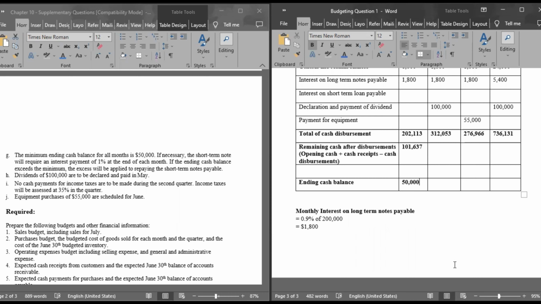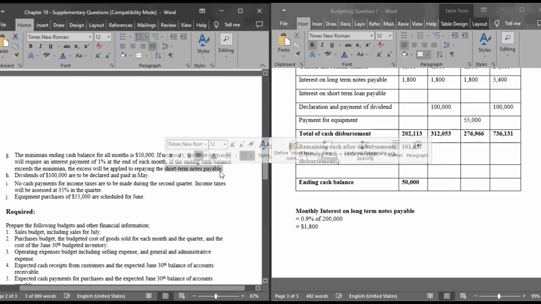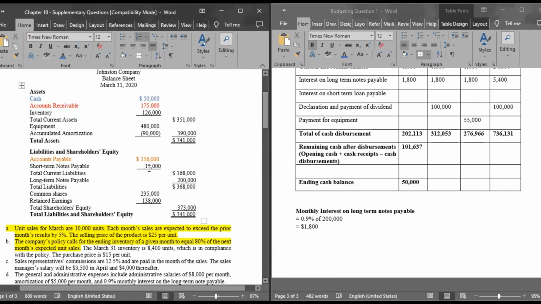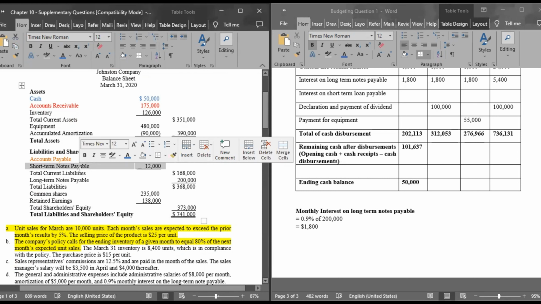If the ending balance exceeds the minimum, the excess will be applied to repaying the short-term notes. So first, we need to know how much the balance is right now for the short-term notes. In the balance sheet at the start of the question, we have a short-term note of 12,000.